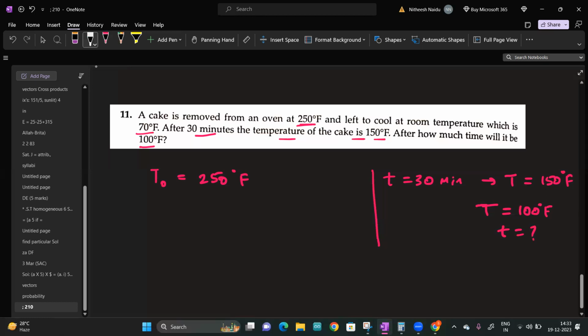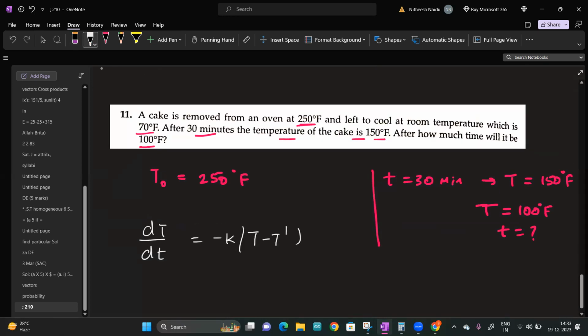Now we will move to the cooling equation. What is the cooling equation? Newton's cooling equation is dT/dt = -k(T - T'). T - T', yes. T' is how much?